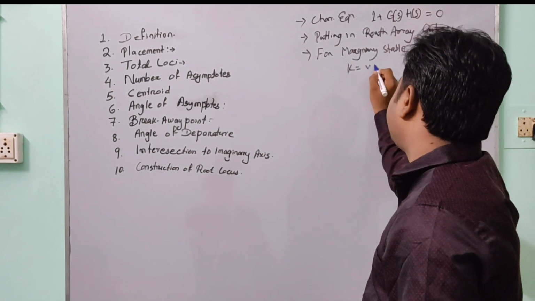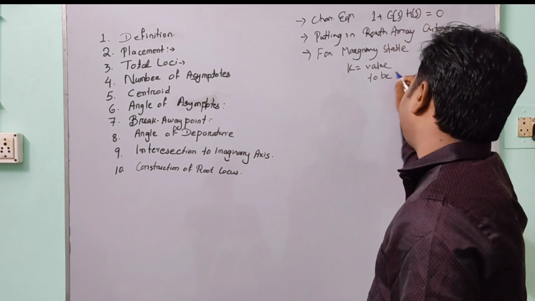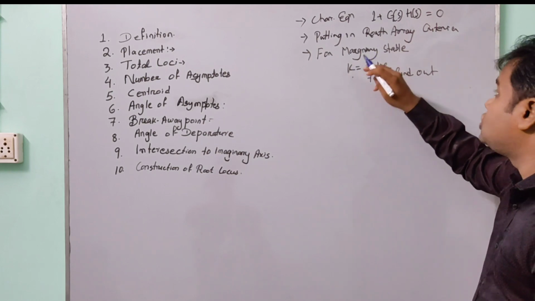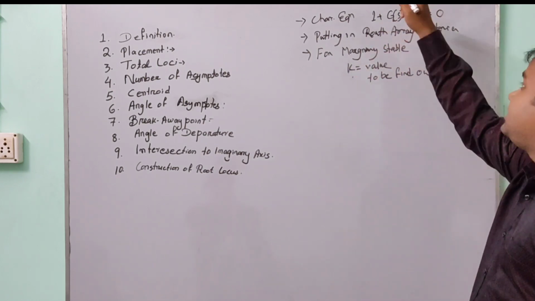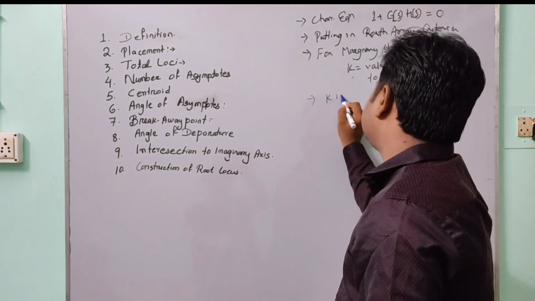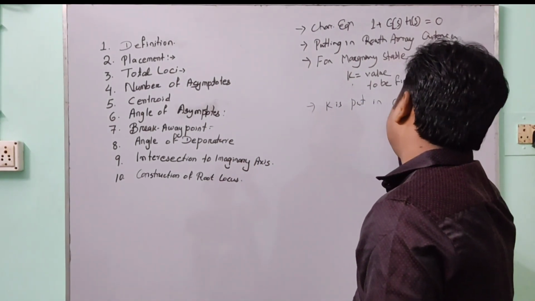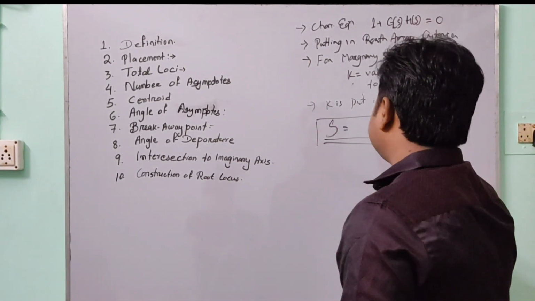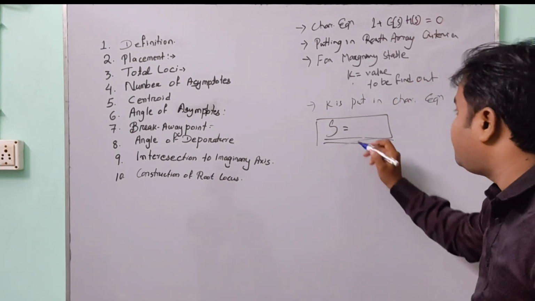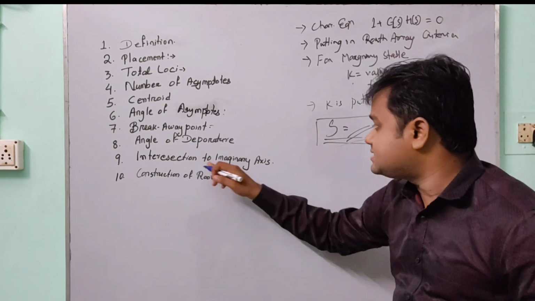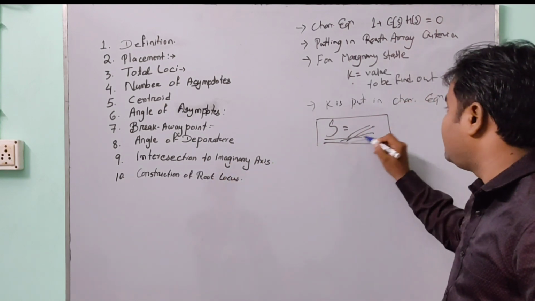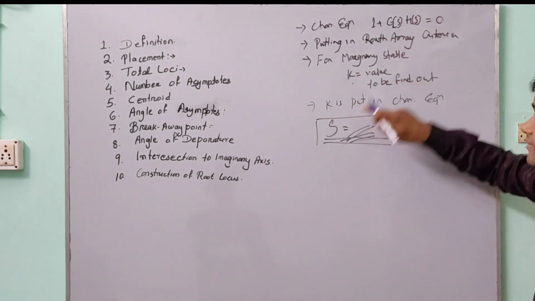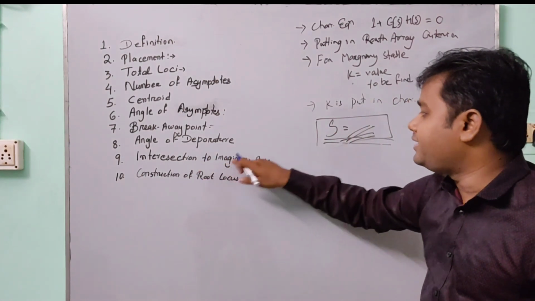We have to find the value of K for which the system is marginally stable, and that value of K is put into the characteristic equation, and we will get an equation in s. By equating it to 0, the value of s we get is the intersection point with the imaginary axis.